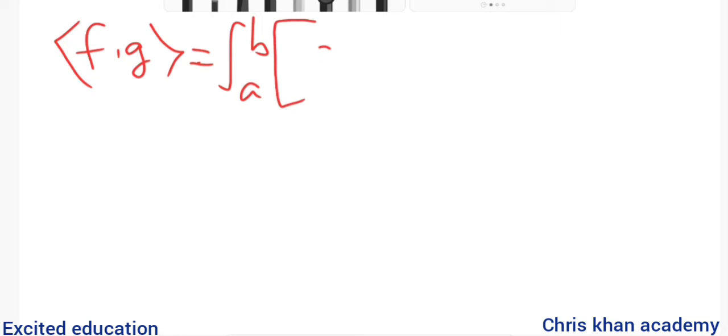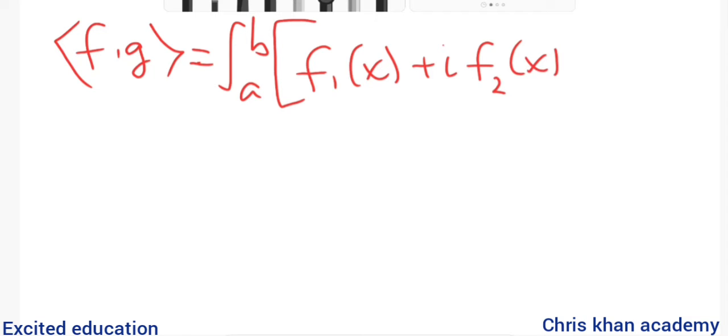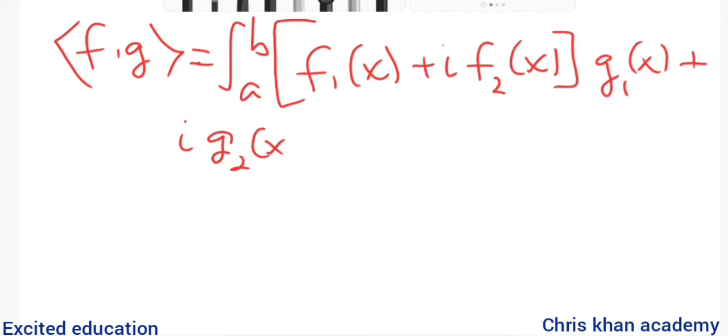Here, the inner product of f and g, as we said, is equal to the integral from a to b of the bracket f1(x) plus i f2(x), in general bracket, times g1(x) plus i g2(x) in general, dx.